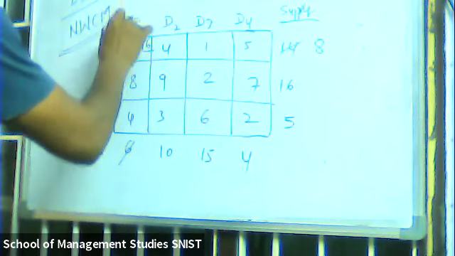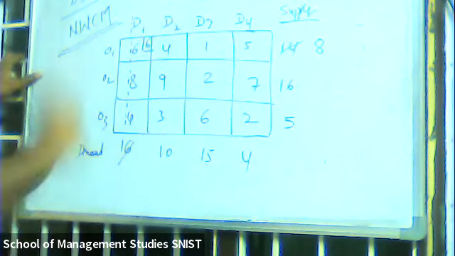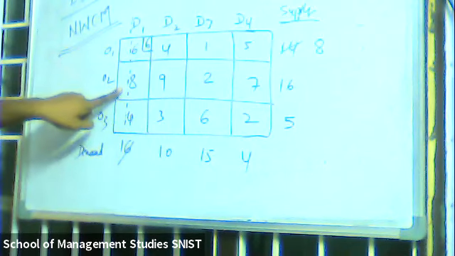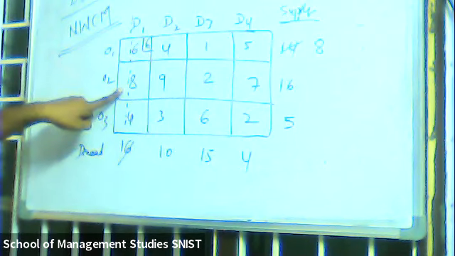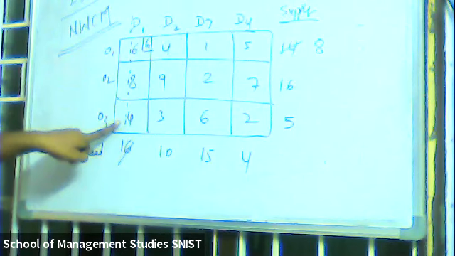So I'm crossing this particular column, which means there is no further entry in x21 and x31. Is it clear? Second step, any one of you?